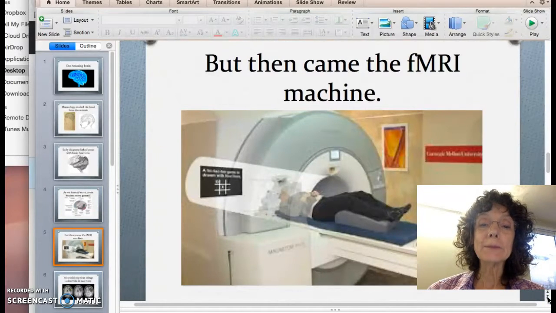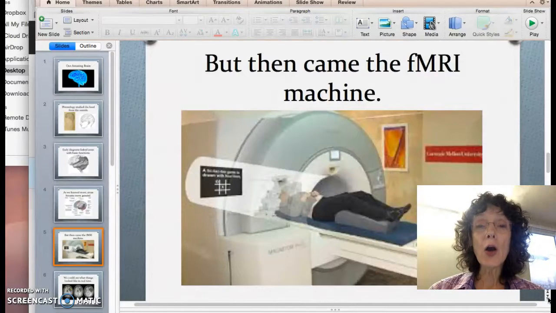People have used other kinds of machinery to get a sense of the electrical impulses in the brain. But the fMRI machine gives us several advantages. It looks at blood flow to different areas of the brain when people are engaged in different tasks.